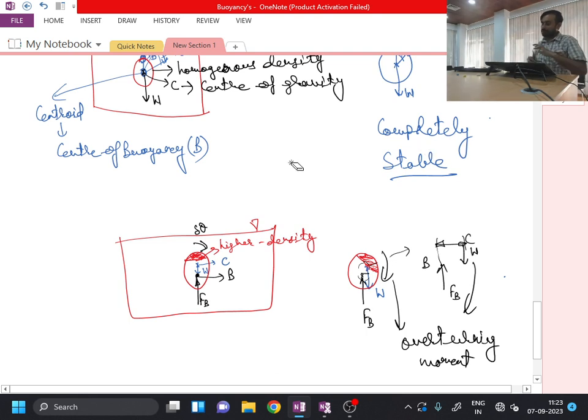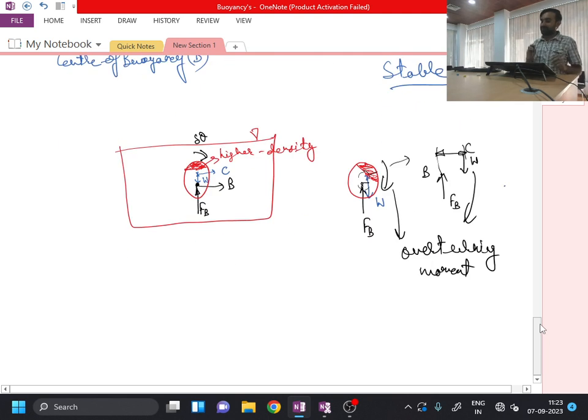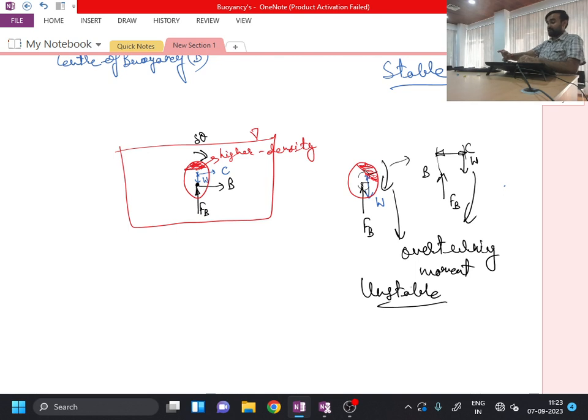So this particular moment is called the overturning moment and it creates an unstable situation, because when you displace the body by delta theta, it will create an overturning moment and this overturning moment will try to change completely the orientation of the body.